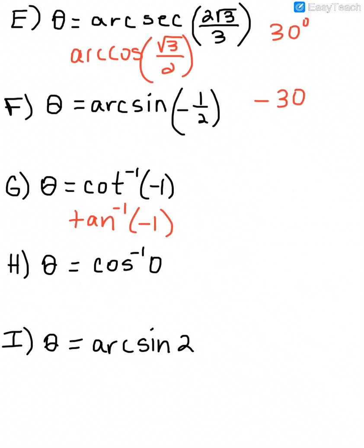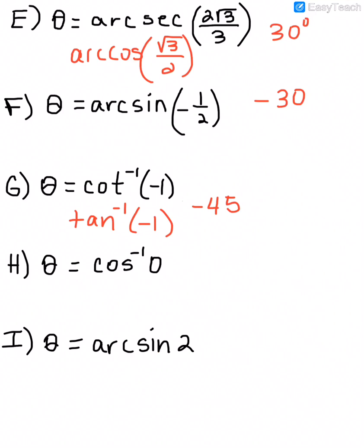So since this is cotangent inverse of negative 1, since that's less than 0, then whatever our value is, we're going to have to add 180 degrees to it to get the tangent inverse of negative 1. So we know that tangent inverse of negative 1 is negative 45 degrees.